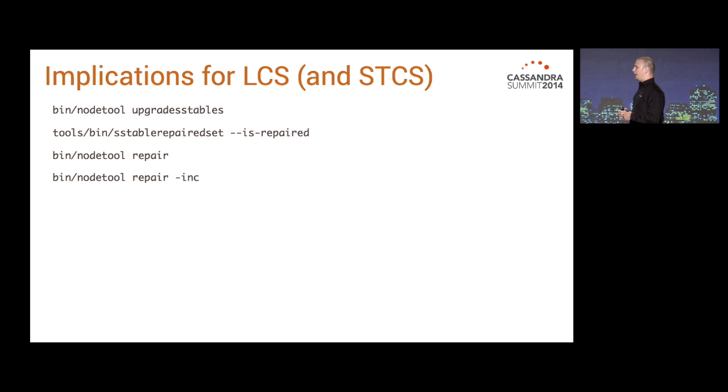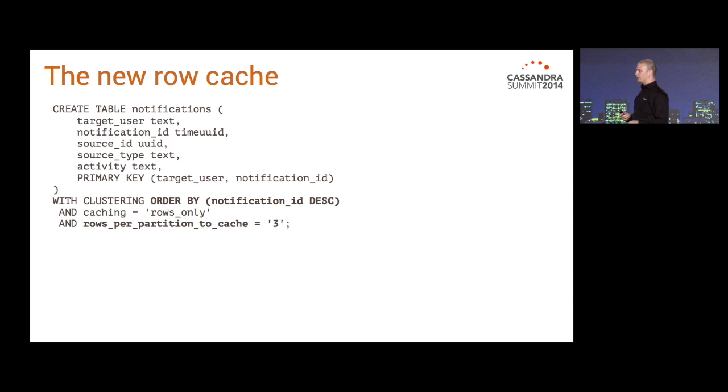One final kind of pain point that we addressed was the much-hated row cache. And so the best practice has been, don't use row cache unless you know what you're doing, but really don't use row cache. Because unless you have extremely uniform partition sizes, the old row cache worked in terms of caching entire partitions.